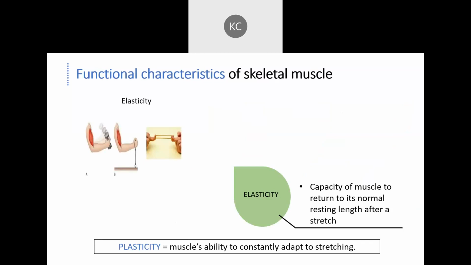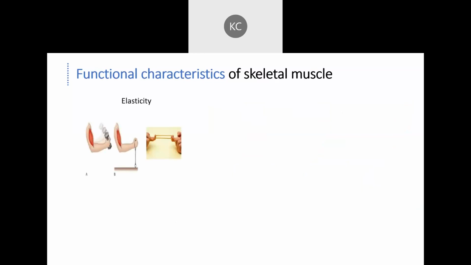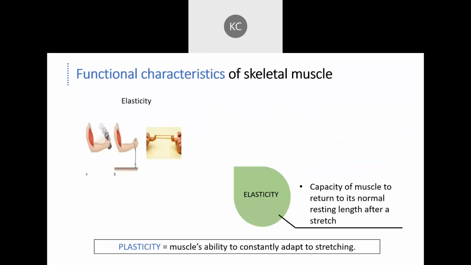So elasticity has to do with the idea that our muscles can stretch, they can be distended, right? So they're extensible, like we saw here, but they also can return to their previous shape or return to their previous size, right? So just like a rubber band, you can stretch it and then let go and it returns to its original length, and you stretch again and you release it, it returns back.